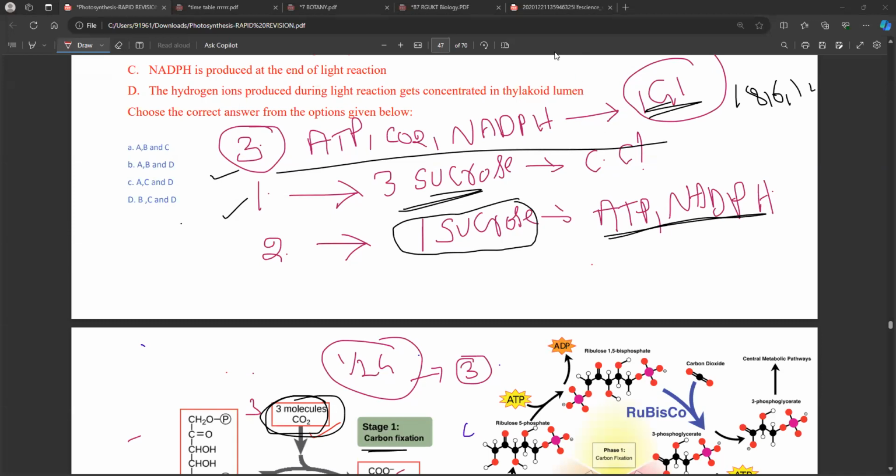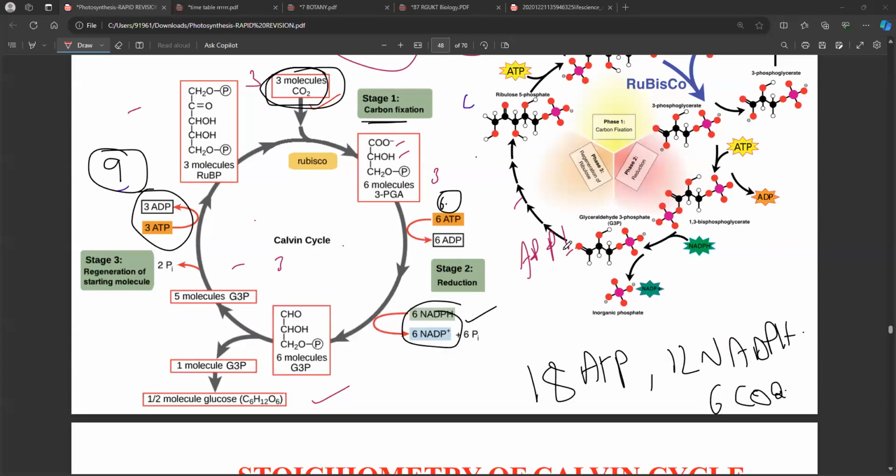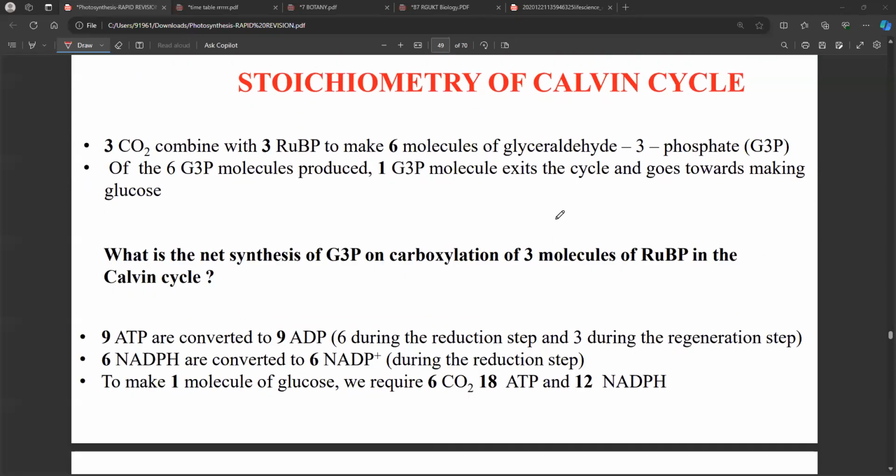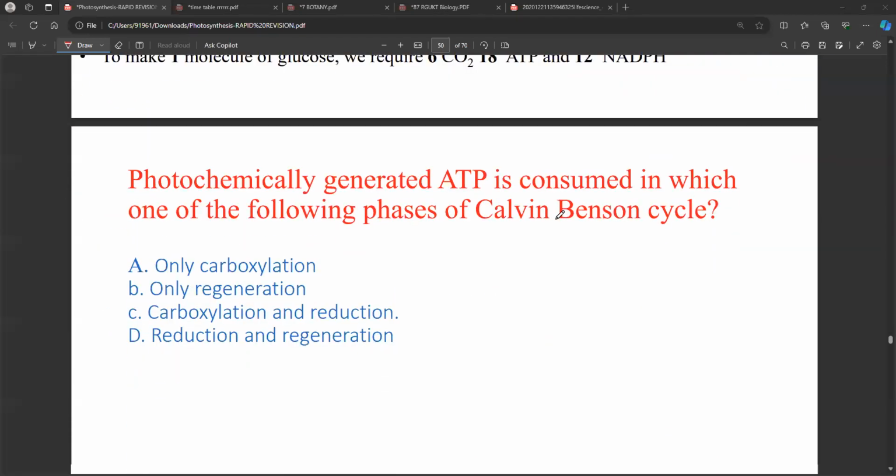What is there to think? Very good. For 1 glucose, we require 18 ATP and 12 NADPH. 1 sucrose means 2 glucose, so we require 36 ATP and 24 NADPH. That's all. What's there to get confused? Don't get confused, because that kind of question is very commonly asked.